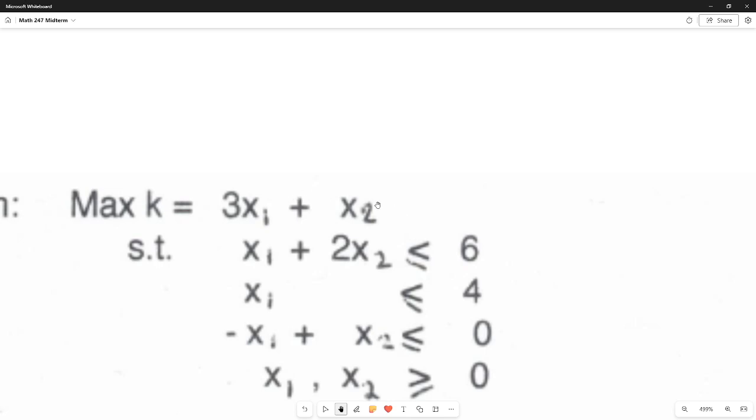The coefficient here is 3 and the coefficient here is 1, so we want to find something that can be divided by both of those values and not get a decimal. That value is 3, because 3 divided by 3 is 1, and 3 divided by 1 is 3. So that's not a decimal. That's the smallest value. If you wanted to, you could do 6, 9, or 12.